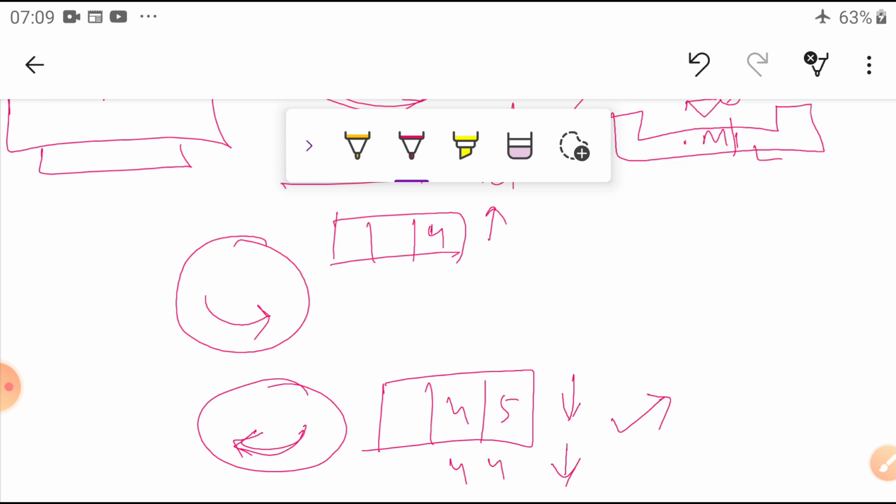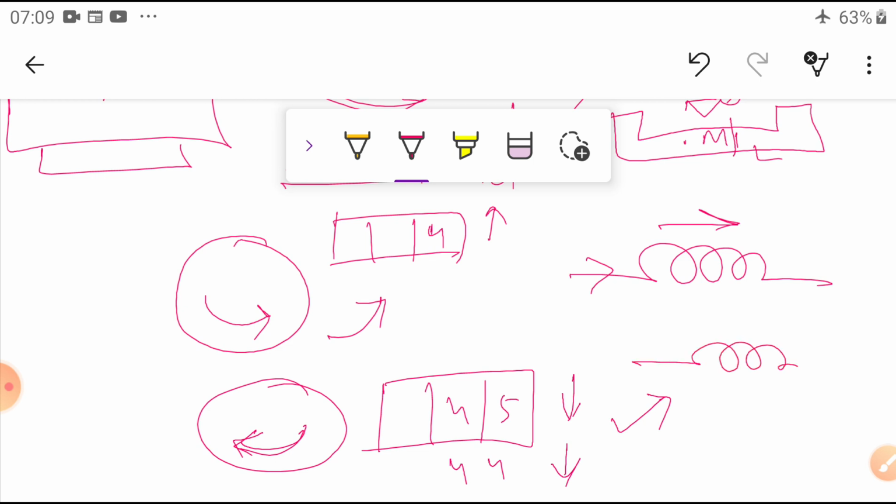That's why what will happen? Simple electromagnets: the current passing through the coil in this direction gives rotating torque in this direction. If the current is passing in the other direction, then automatically it will rotate in the other direction. That is the basic principle. If it rotates in this direction, the reading value increases.